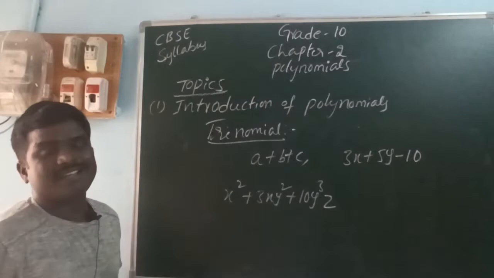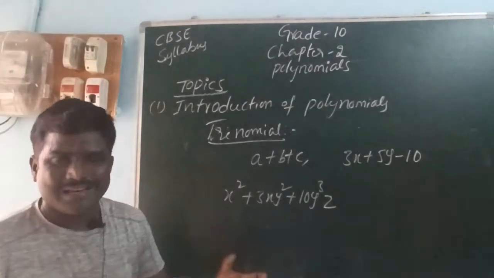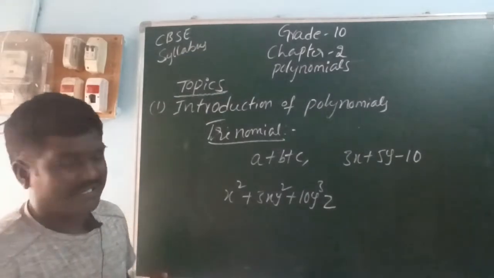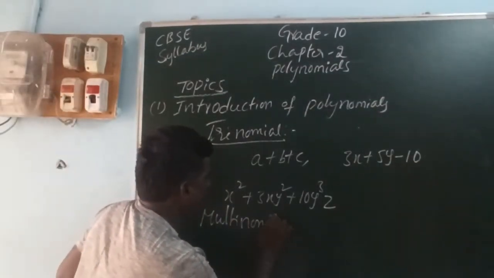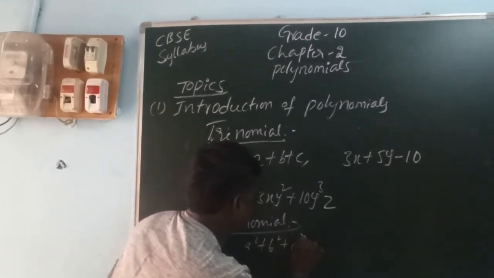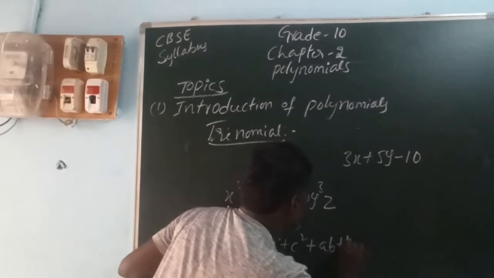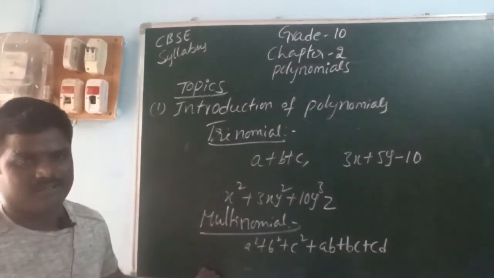So it is a trinomial. Multinomial means a polynomial having more than two terms. What is the example here? A square plus b square plus c square plus ab plus bc plus cd. So this is called a multinomial.